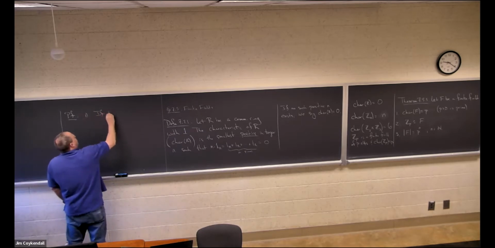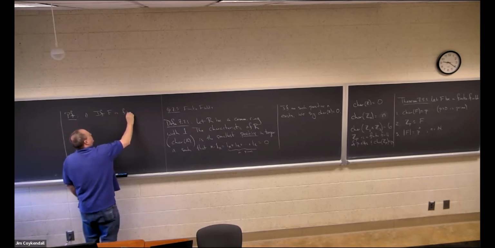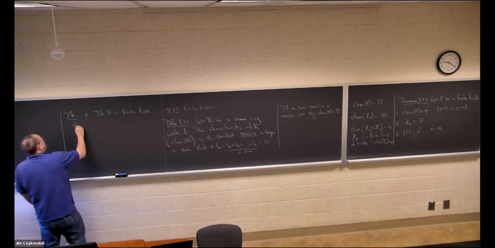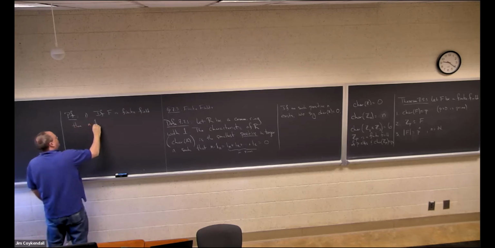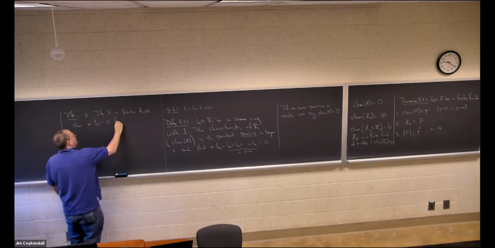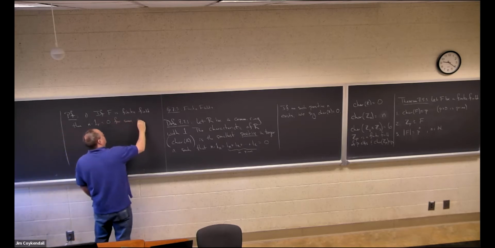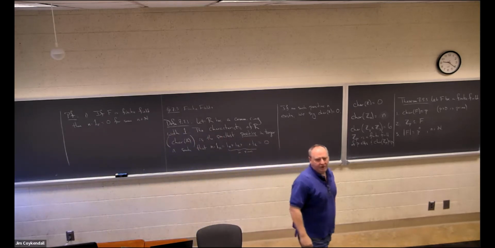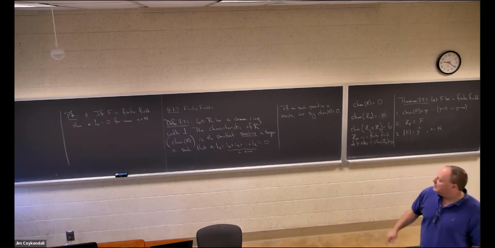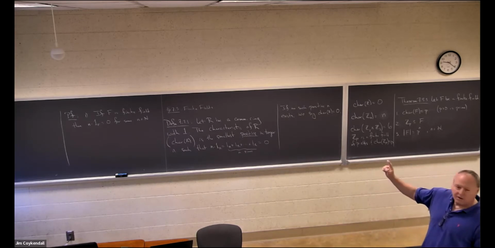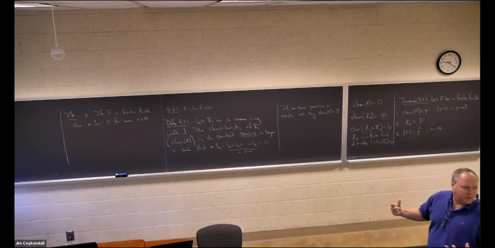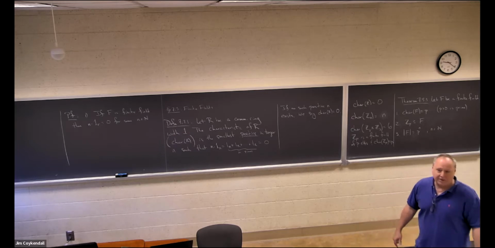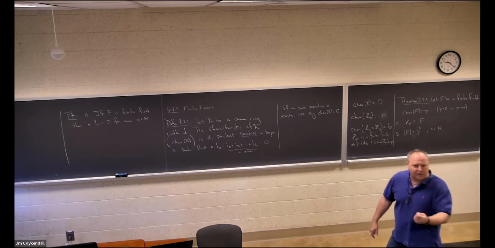If it's a finite field, then n times 1 is 0. So I know that the characteristic is not zero, right? Why is this true? Because just start writing down 1 plus 1 plus 1 plus 1. Eventually you have to repeat yourself. And so when you add finitely many ones, you have to get zero. Everybody agree with that? But the question is why does that n have to be prime?